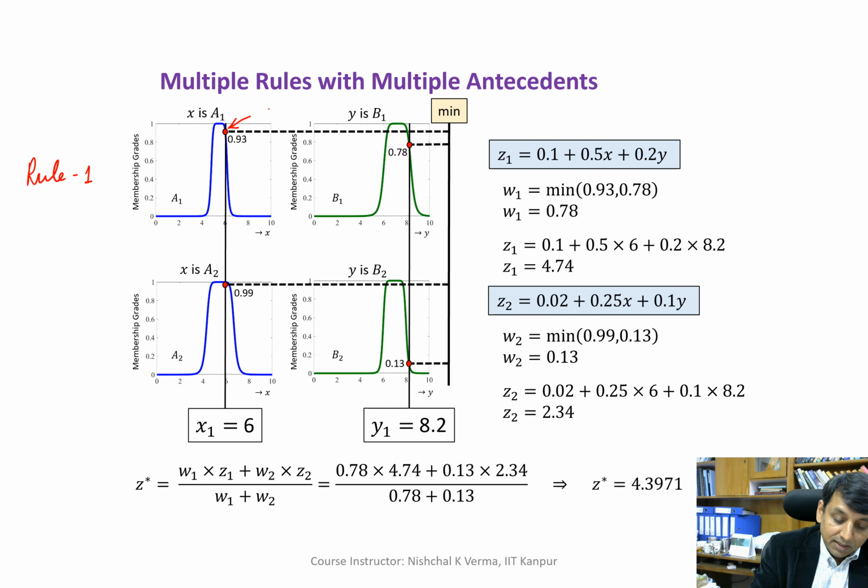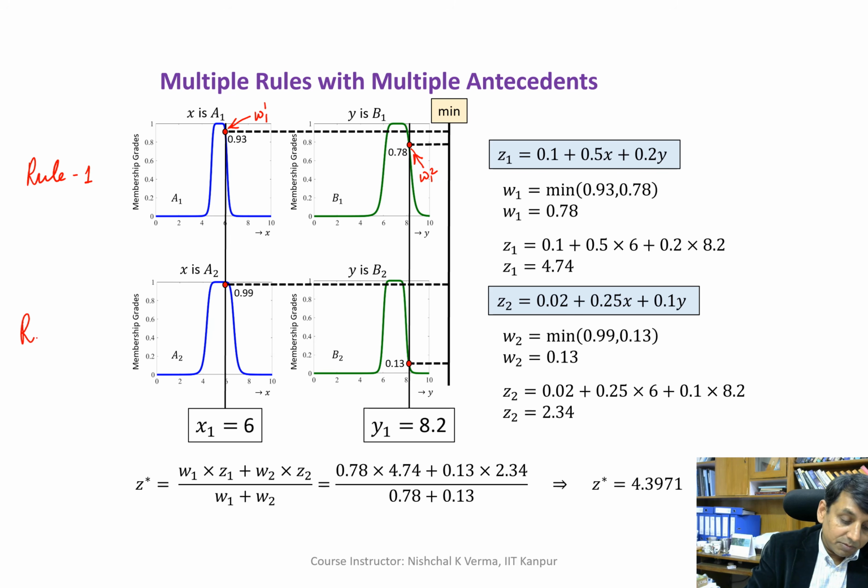So we find here the W1,1. And then in rule number 1, the point of intersection for the second antecedent for y1 is equal to 8.2 is W1,2.